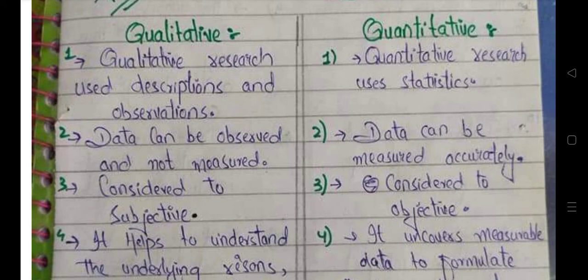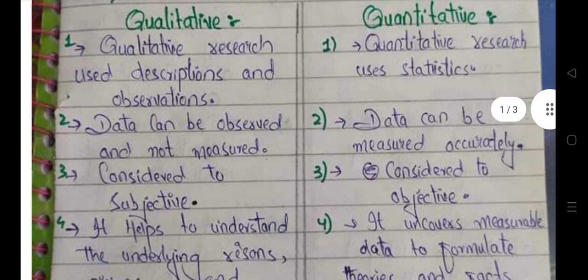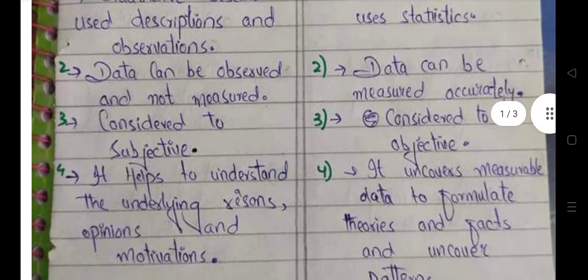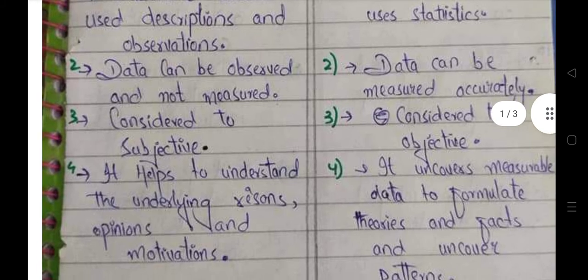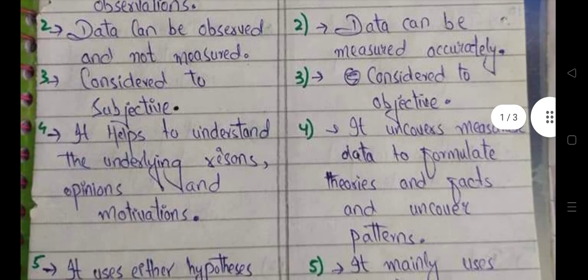And qualitative is considered subjective, whereas quantitative is objective. And qualitative helps to understand underlying reasons, opinions and motivation, whereas quantitative uncovers measurable data to formulate theories and patterns.